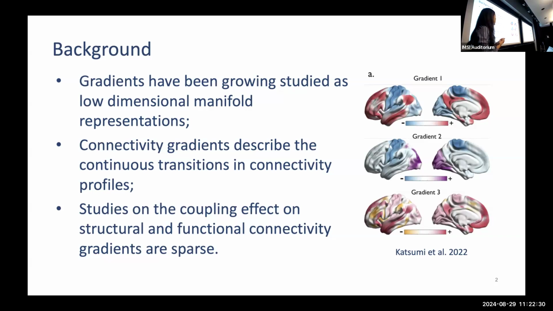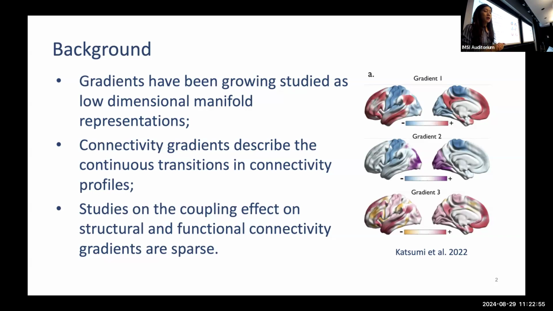these are the first three gradients, which basically use a simple dimension reduction, like PCA or diffusion map embedding. The first gradient shows the transition from unimodal networks to more transmodal networks. And then the second gradient shows the transition between the attention network and the default mode network, and so on and so forth.